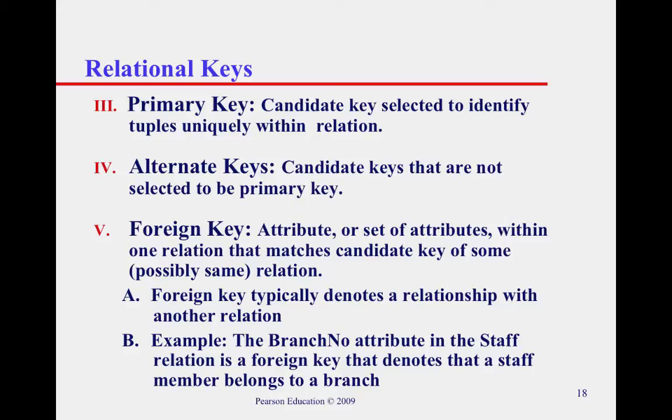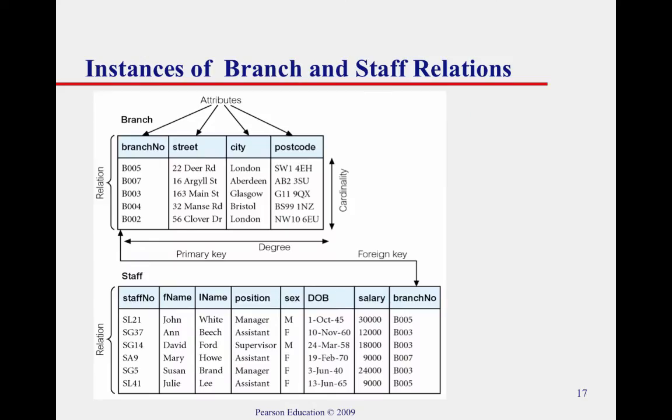But in practice, we usually have to add an artificial key and designate it as the primary key. Any candidate key not selected to be the primary key is called an alternate key. So coming back to this particular example, street, city would be an alternate key, postcode might be an alternate key.